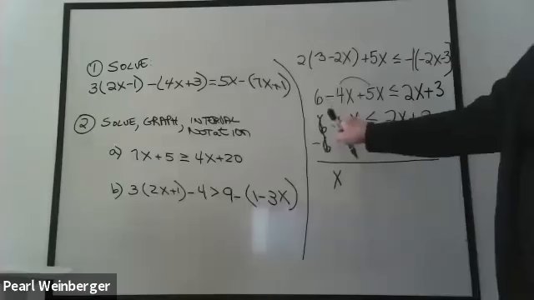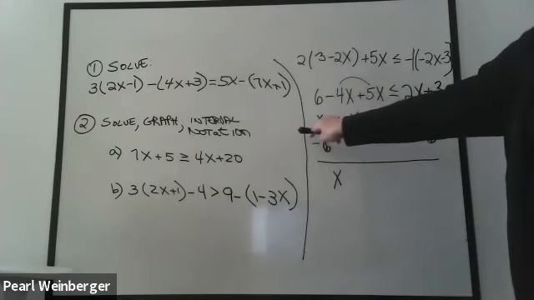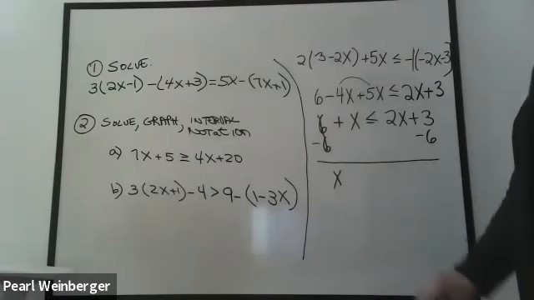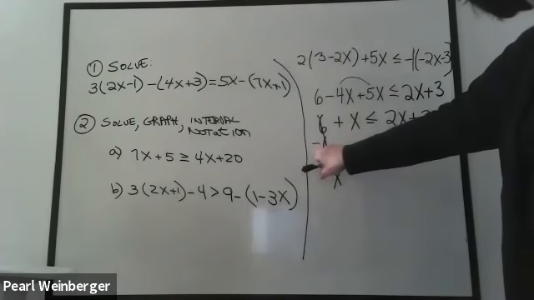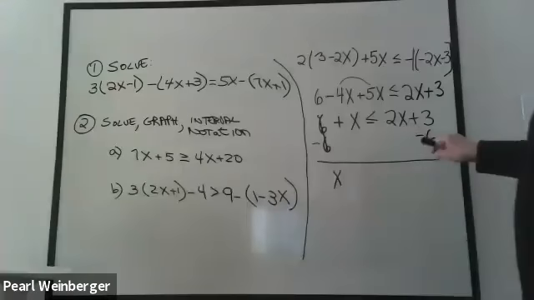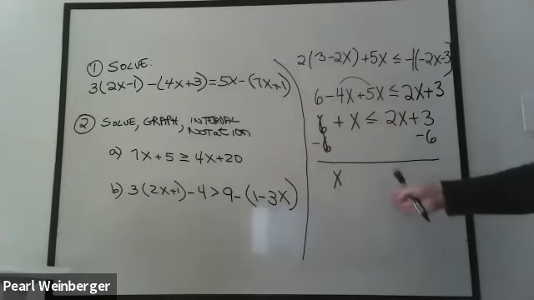Okay, yeah. Now I want to get the numbers to the right side, which means I have to get rid of this positive 6. There's no sign in front of it, which means it's positive. So that means I have to minus 6, correct? Yep. But if I do -6 on that side, I better do it on the other side. I'm going from one side to the other, crossing the barrier, so to speak.